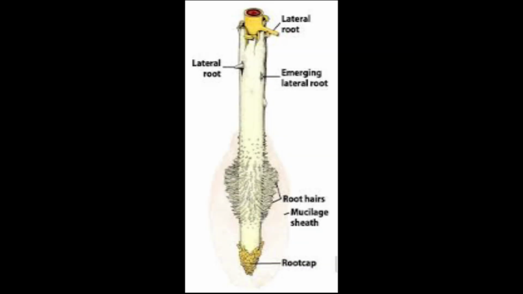Higher still is the zone of conduction, or the zone of lateral roots. Lateral roots form as branches of the primary root, and they can further branch out, forming a complex root system. Lateral roots originate in the internal parts of the parent root, within the pericycle, which is why they are called endogenous.